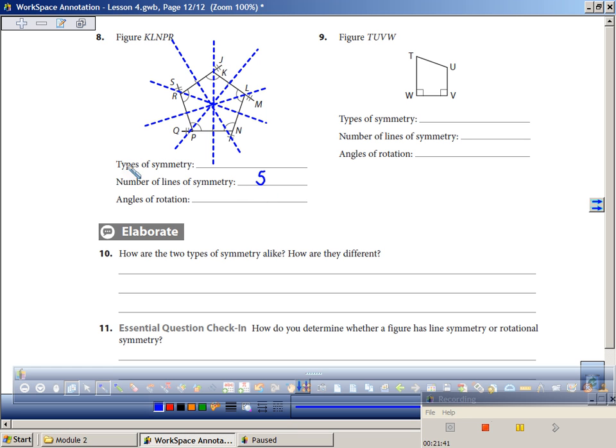This is more. Okay, what types of symmetry does this have? Line and rotation. There's rotation. Yeah, each time you rotate this far, right?